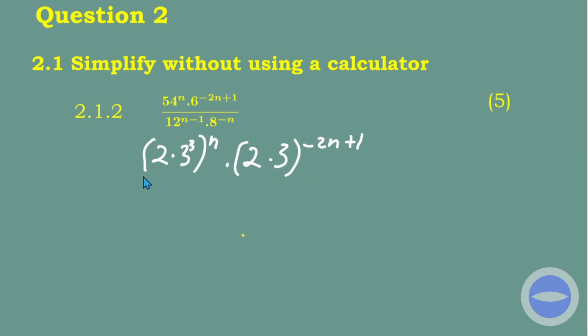And then over, we have 12, which is 3 multiplied by 2 squared. 3 multiplied by 4 is 12, and 4 is 2 squared, and then we write the exponent n minus 1, multiplied by 8, which is 2 exponent 3, to the exponent minus n.